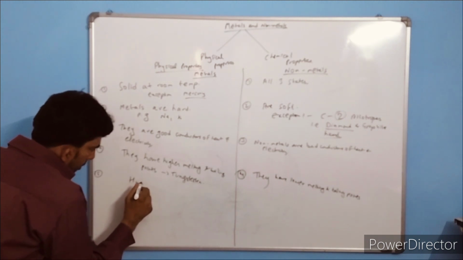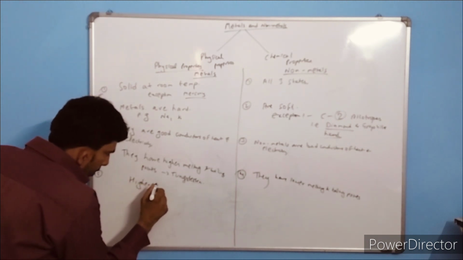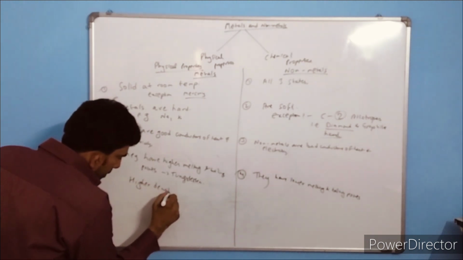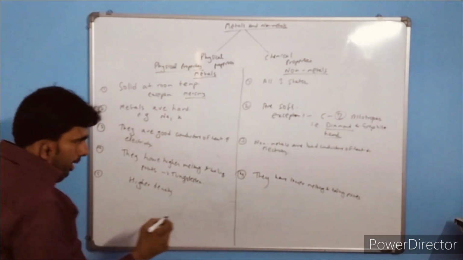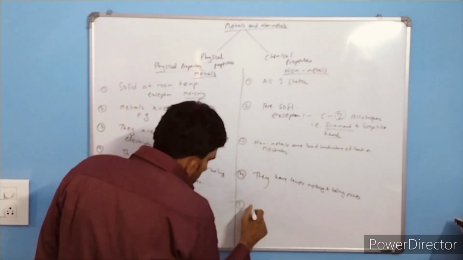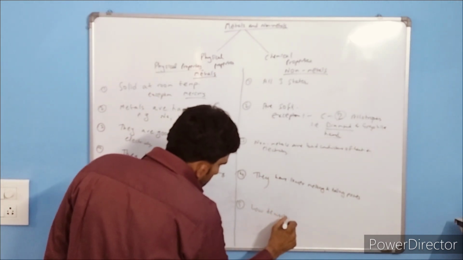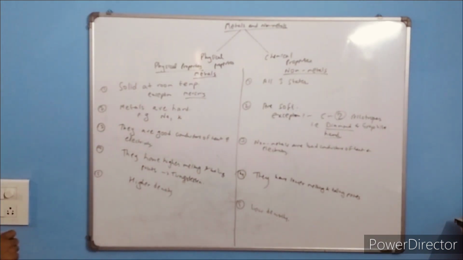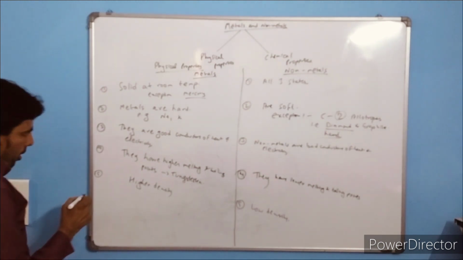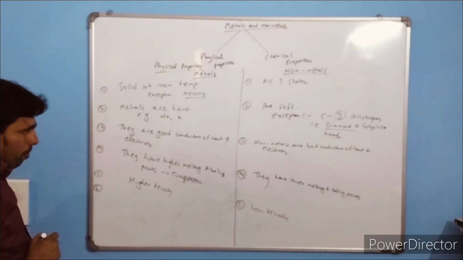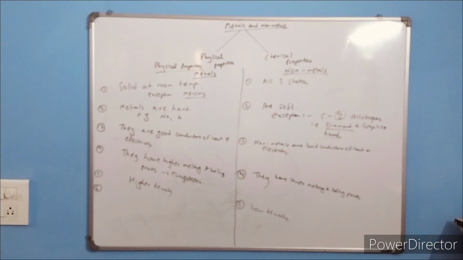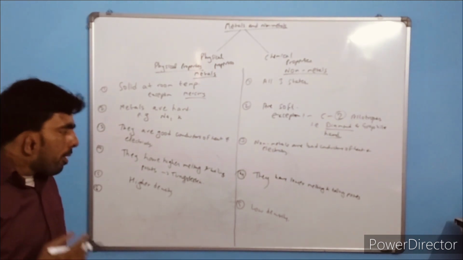Metals have high densities and non-metals have low density. More we can see here. What else? Metals have higher density, non-metals low density.